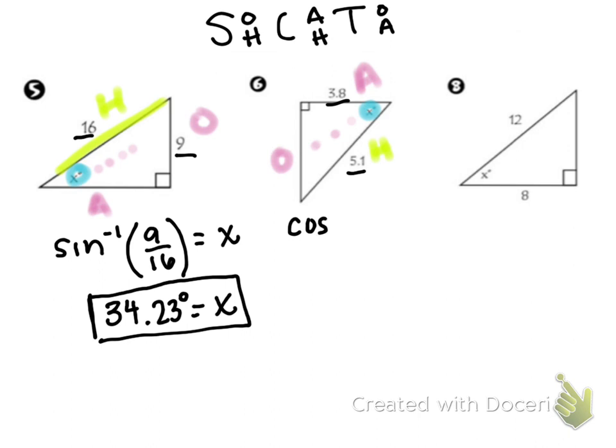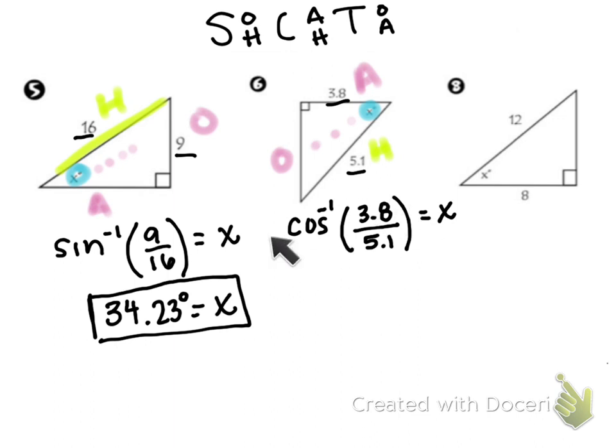We are looking for a missing angle, so remember, that's inverse cosine. And in the parentheses are the sides, so A divided by H. A is 3.8 divided by H, which is 5.1, equals X, the angle you're missing.